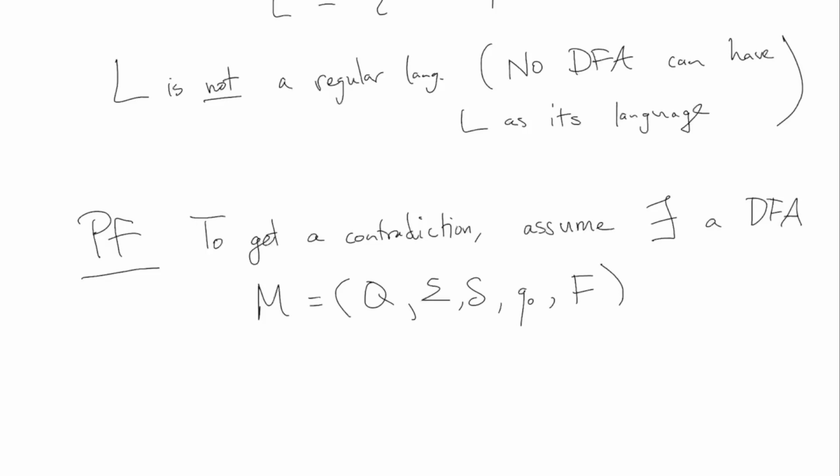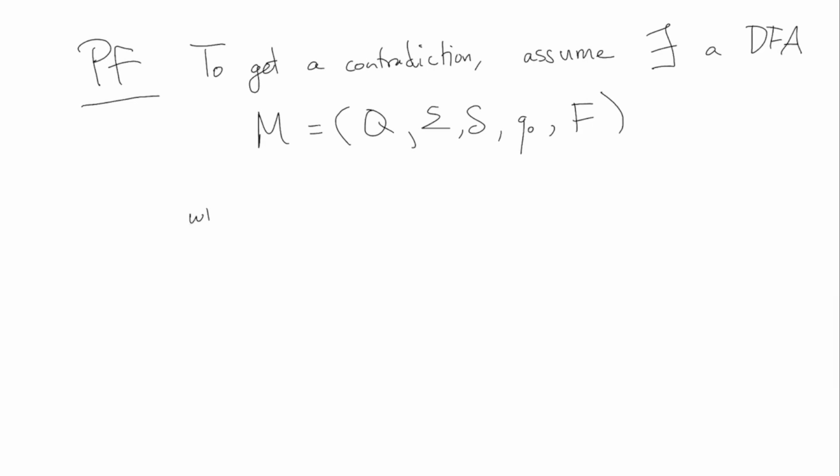I'm going to assume there is a DFA that looks like that with the language of M equals this language here, A to the N, B to the N. All right? This is not possible, but this is how you prove that it's not possible, is by deriving a contradiction somehow from this. I hope you remember the 5 parts of a DFA.